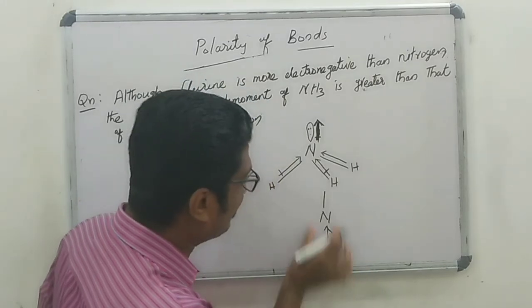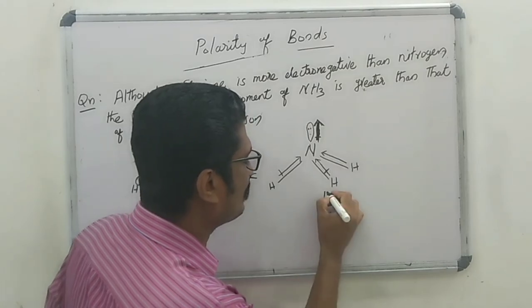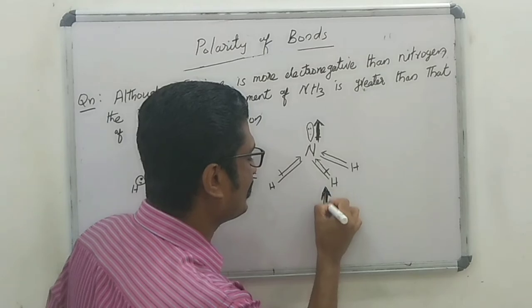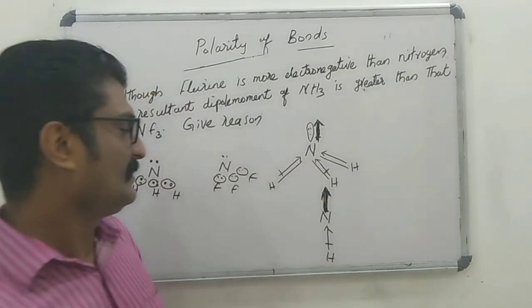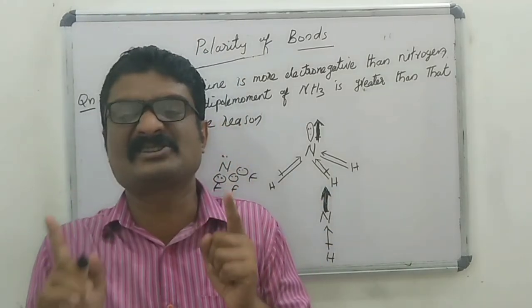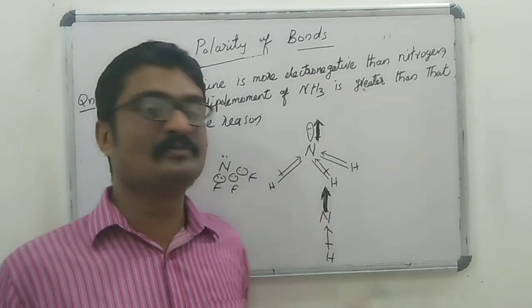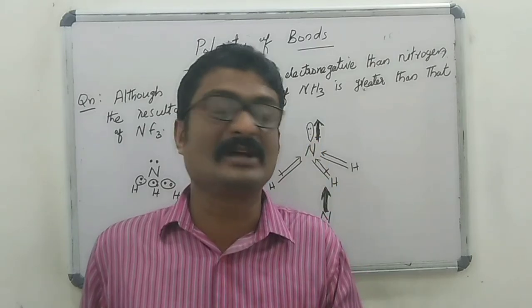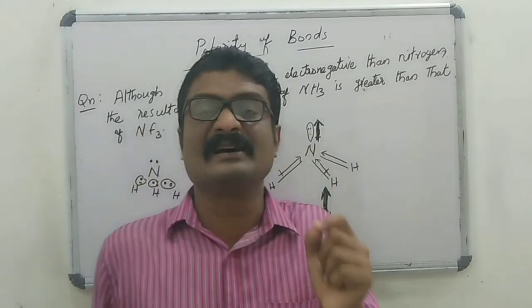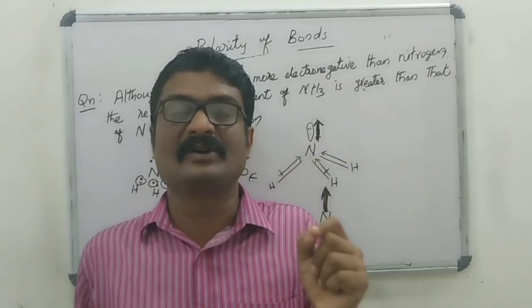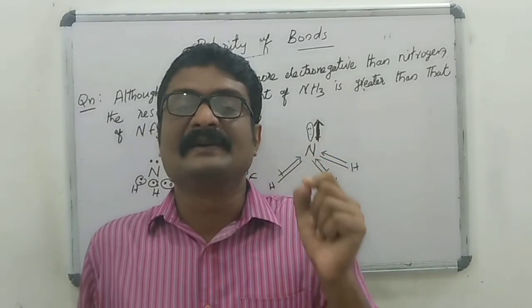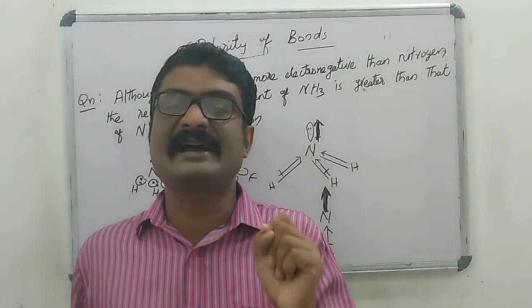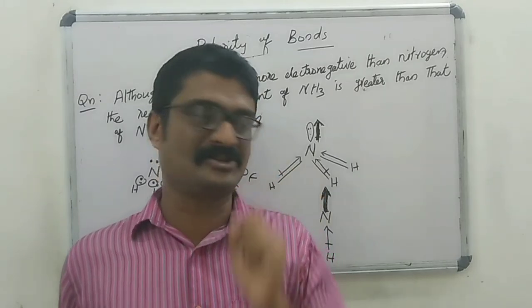This is the resultant dipole moment of three NH bonds, and this is the bond moment due to the lone pair of electrons. Then in NH3, the bond moment due to the lone pair is in the same direction as the resultant dipole moment of 3 NH bonds. Hence, NH3 has a high dipole moment.